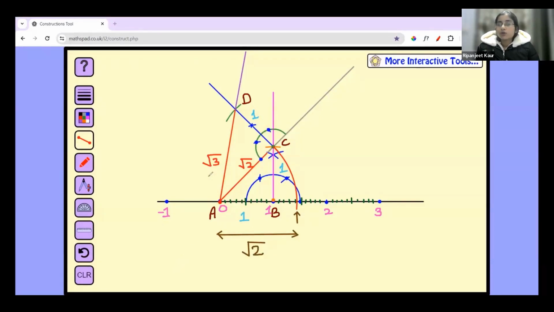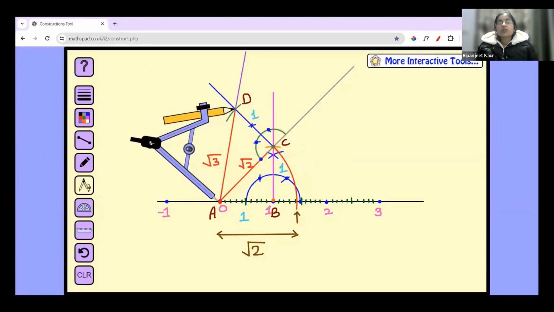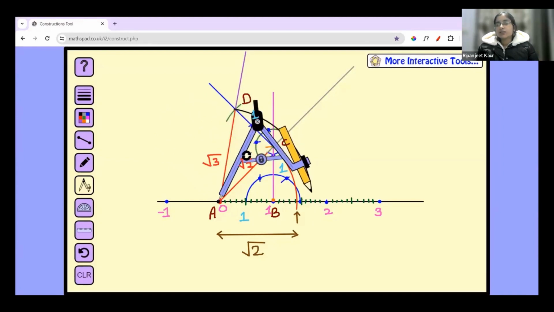Now what about root 3? Same. Take our compass, pencil, measure A to D distance. Then lock the distance, finalize it. Again, we are going to make an arc on the number line like this. Wherever it is cutting, that will be our root 3 distance. So again, we make an arc, this black arc where it is cutting.